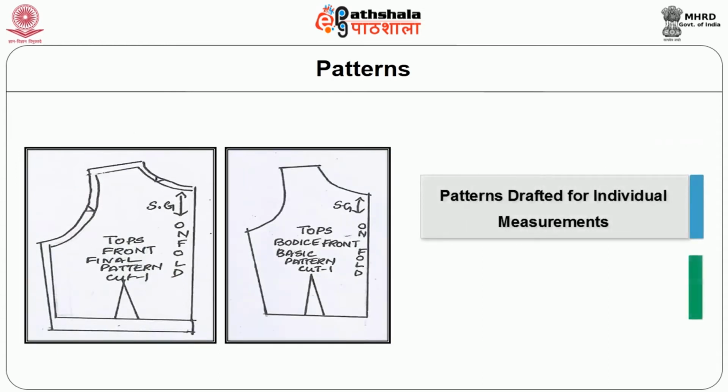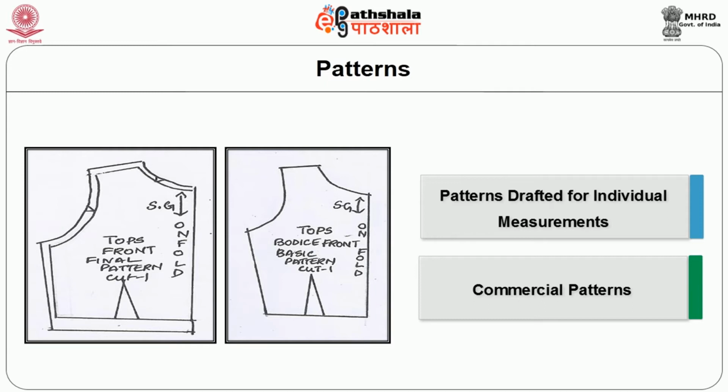The first one is a basic pattern and the second one is a final pattern. In these patterns you will see that the first pattern, the basic pattern, does not have seam allowance, and the final pattern has seam allowance. In the first line of the pattern you can see the name of the pattern, and in the second line you can see the name of the pattern piece.